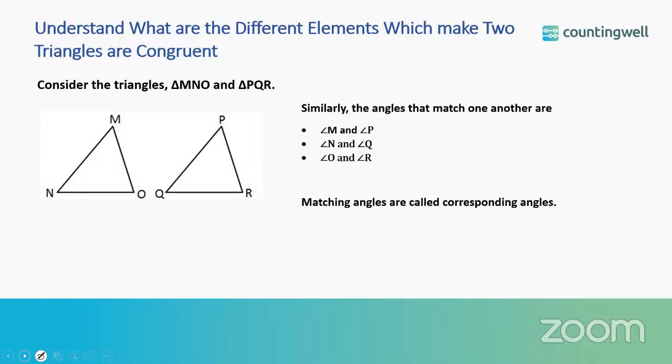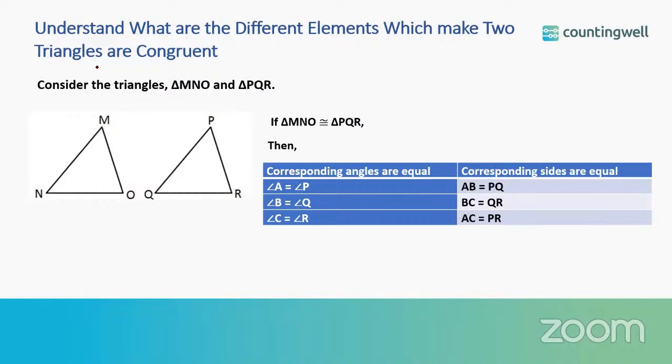Let us see what are the matching angles. Matching angles are called corresponding angles. So here the matching angles are angle M and angle P, angle N and angle Q, angle O and angle R. Now we say the triangles MNO and PQR are congruent if the corresponding angles are equal and corresponding sides are also equal.